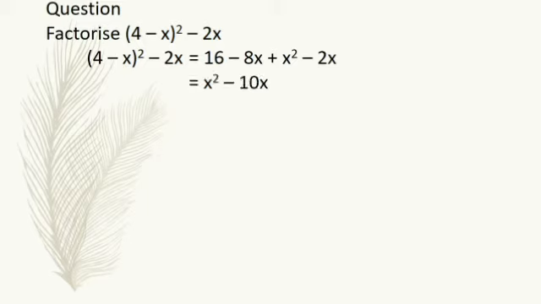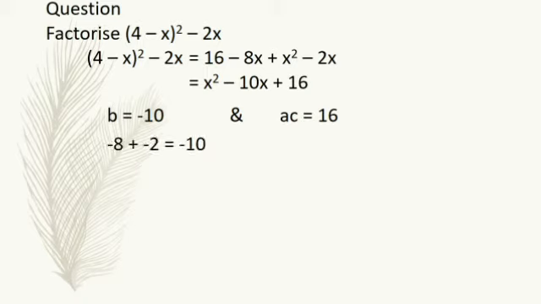Now we have to factorize x square minus 10x plus 16. It is a trinomial. Here we have b equal to minus 10 and ac equal to 16. We know that minus 8 plus minus 2 is equal to minus 10 and minus 8 into minus 2 is equal to 16.